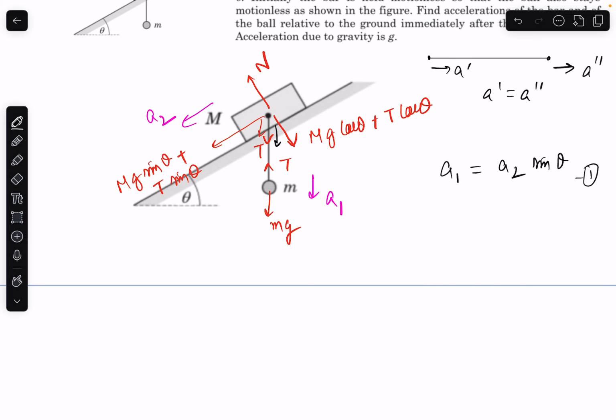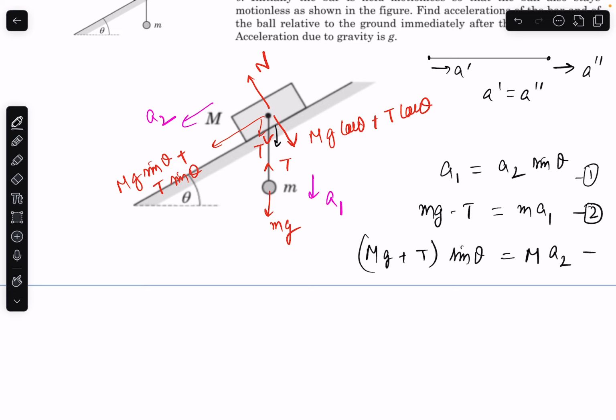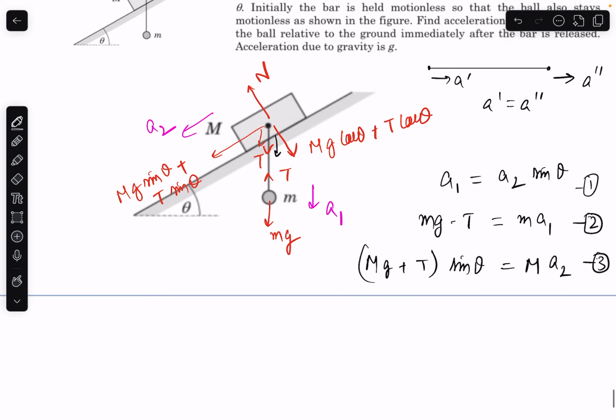Now for the hanging ball we can write mg minus T equal to m into a1, second equation. For the bar we can write, if we take sin theta as common, (Mg plus T) into sin theta. This should be mass of the bar into acceleration of the bar. This will be the third equation. And there will be a fourth equation also, which will not be very useful here.